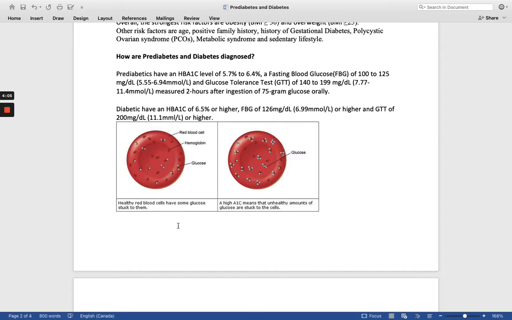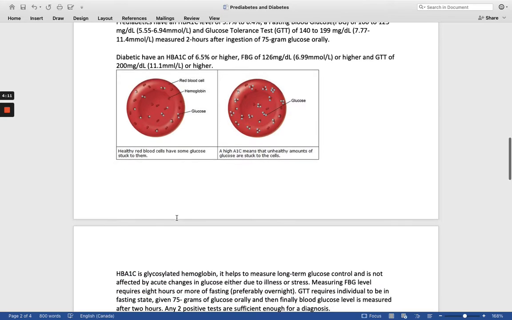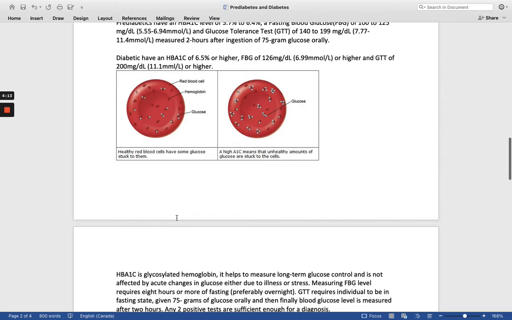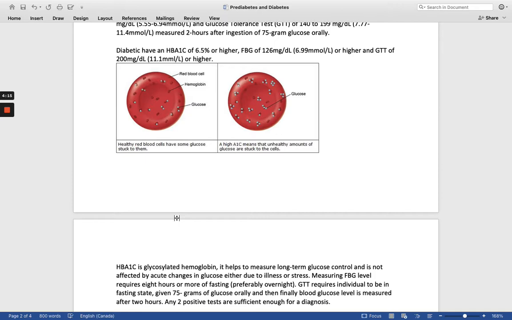Okay, so that's the key point here where it builds up over time, meaning that the measurement of HbA1c does not alter in acute settings. It does not alter with illness or stress in a short time. It gives us a measurement of how your blood glucose levels have been over the last couple of months.